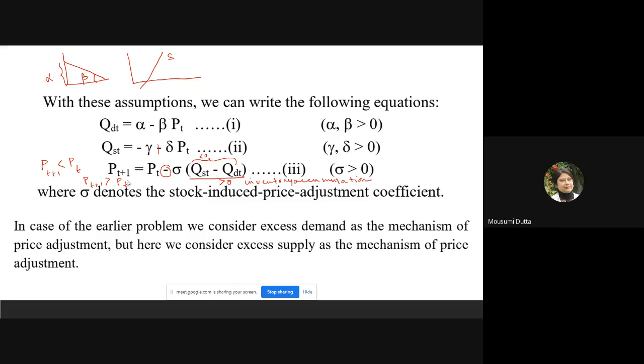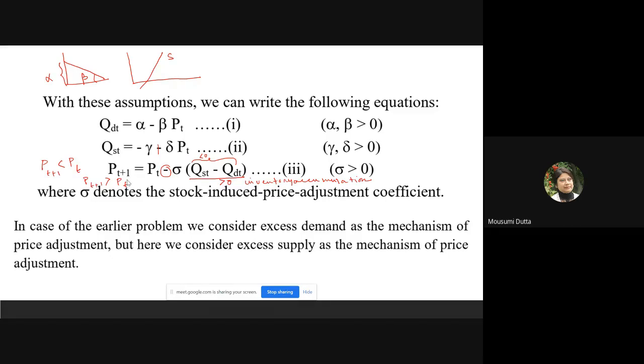Okay. So, in general, we will write the equation as PT plus 1 is equal to last period's price PT minus sigma into QST minus QDT.